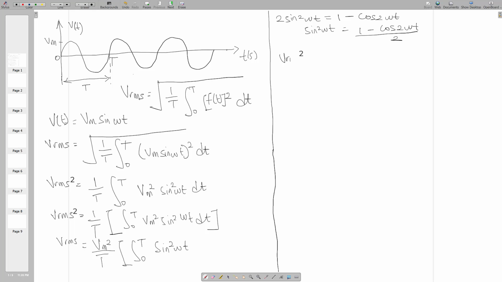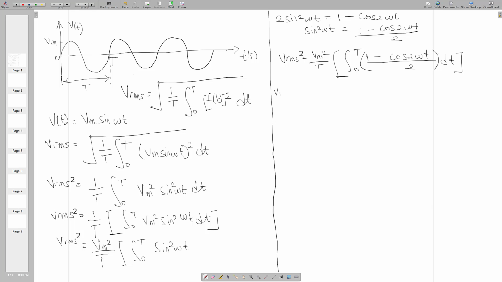So then we can substitute. Our VRMS will be equal to Vm squared on T, from 0 to T, and here will be 1 minus cos 2 omega t all divided by 2, dt. But 2 is a constant, so we can bring it out.